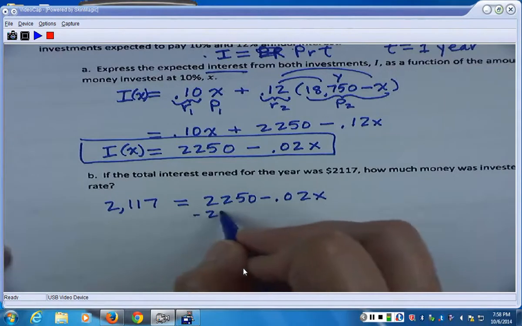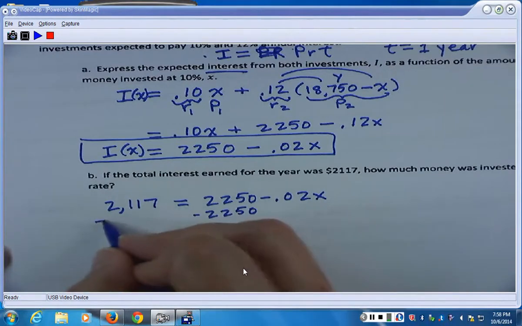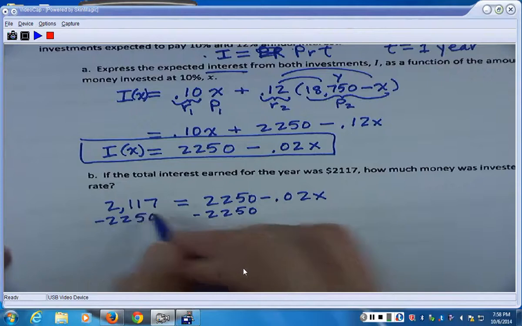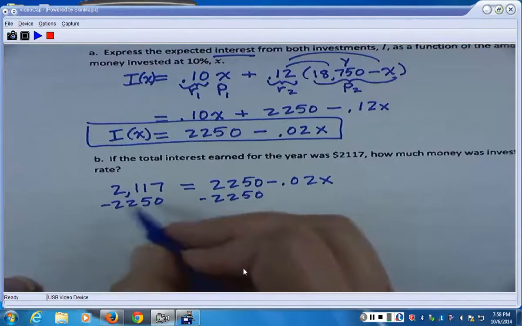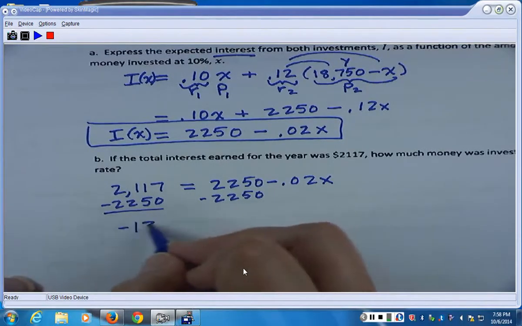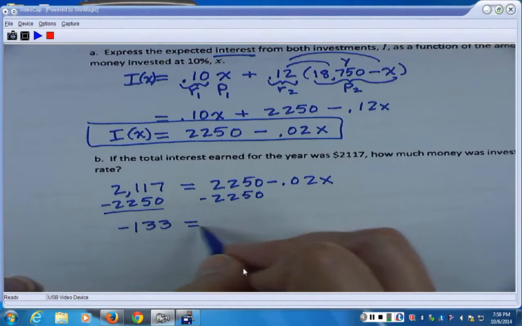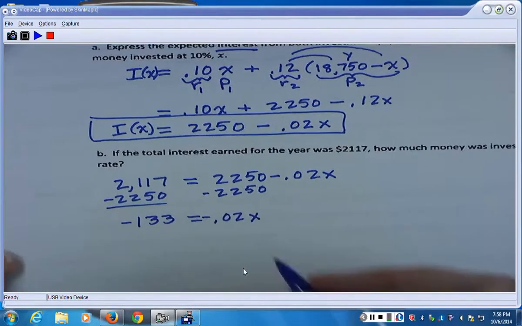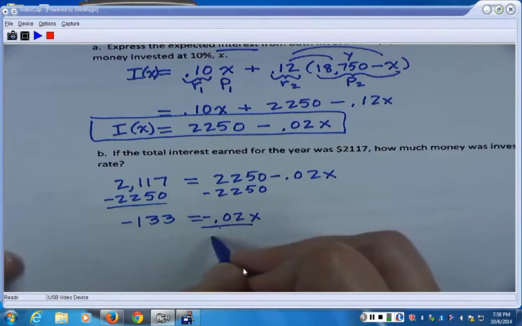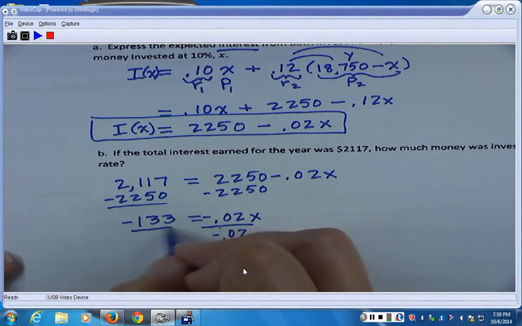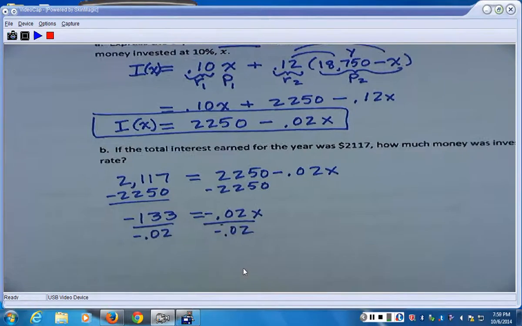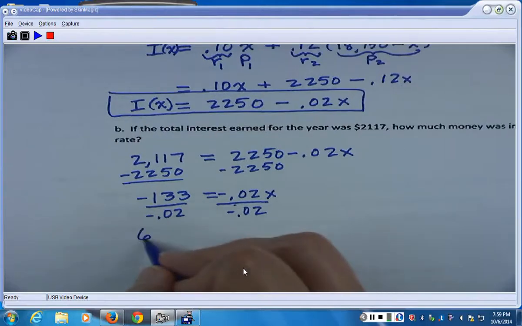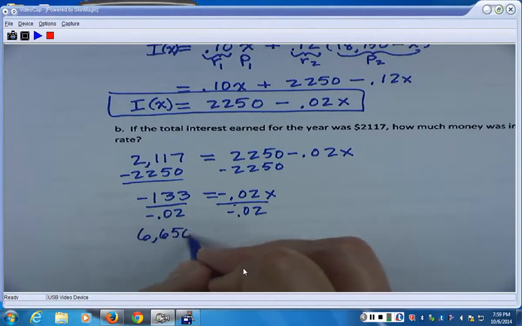If I subtract 2250, you get negative $133 equals negative 0.02x. Divide by negative 0.02, and x is $6,650.